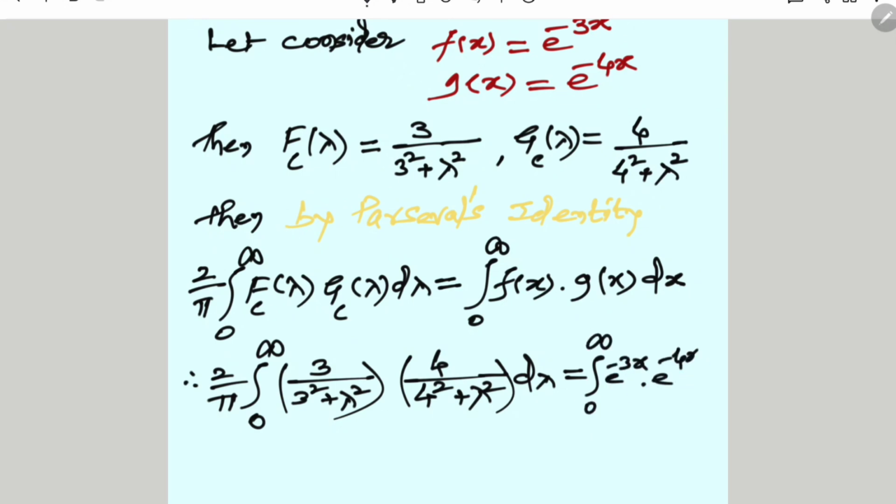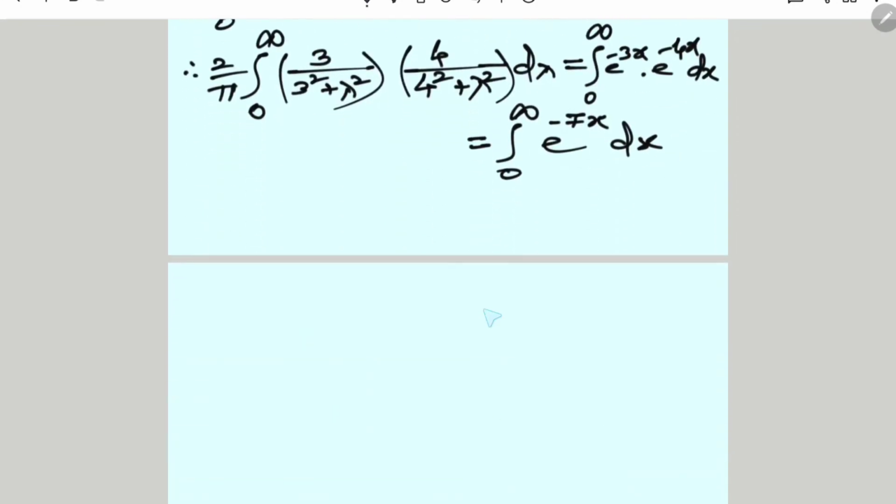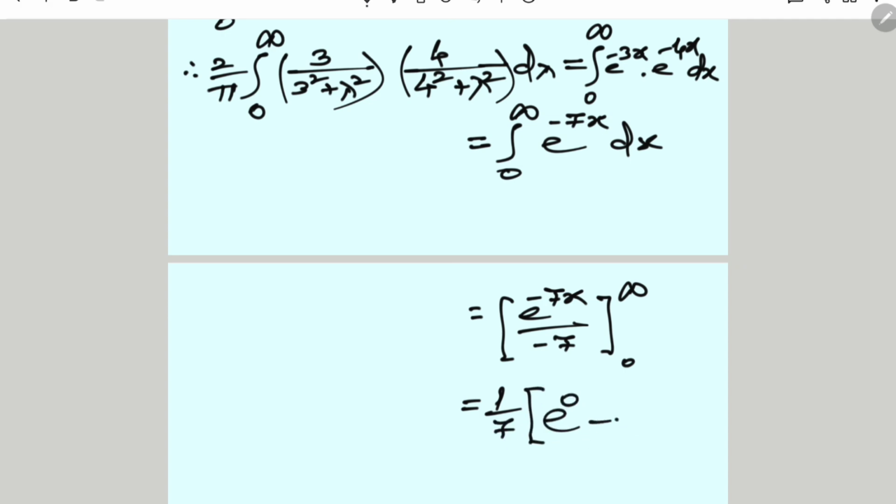from 0 to infinity, substituting values of f of x and g of x, we get e raised to minus 3x into e raised to minus 4x, its integration with respect to x. Nothing but integral from 0 to infinity of e raised to minus 3x, adding the power, we get e raised to minus 7x, minus 3 and minus 4 we get minus 7x, and its integration with respect to x is e raised to minus 7x divided by minus 7, limits from 0 to infinity.